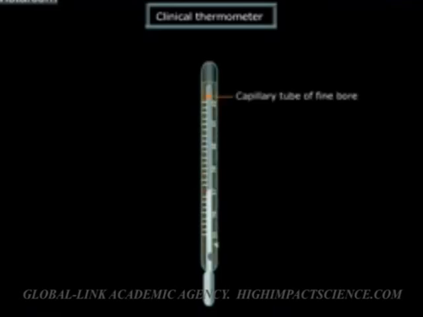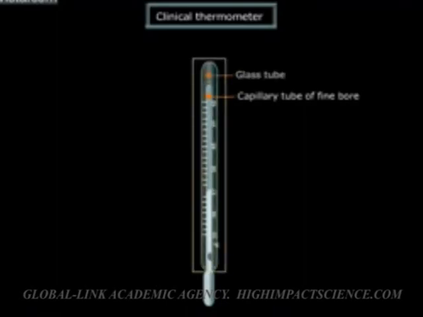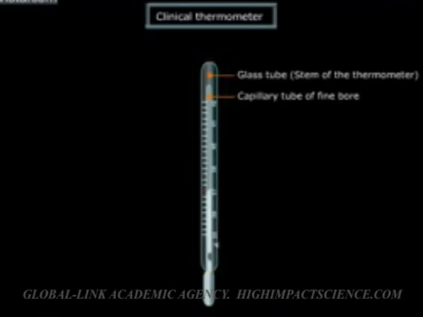It consists of a capillary tube of fine bore. It is enclosed in a glass tube on which a scale is mounted. This glass tube is called the stem of the thermometer. The convex side of the stem acts as a magnifier so that the mercury thread is seen easily.